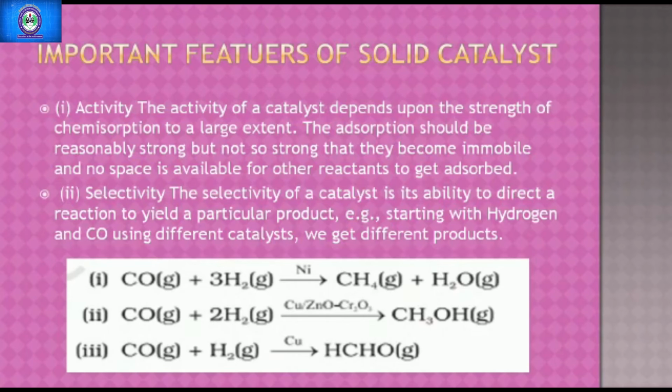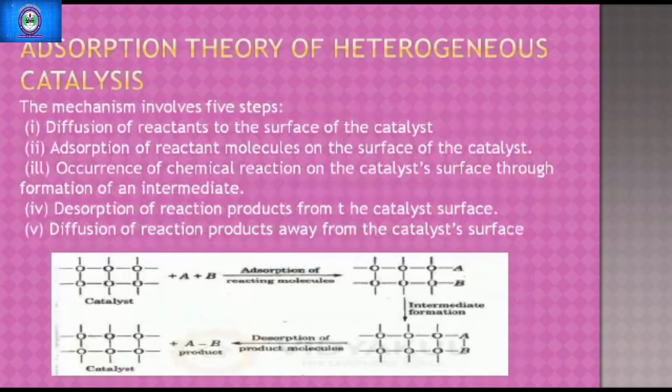The same reaction carried out in the presence of copper, zinc oxide and chromium oxide gives a different product, that is methanol. Even carbon monoxide reacting with hydrogen in the presence of a copper catalyst forms methanol.